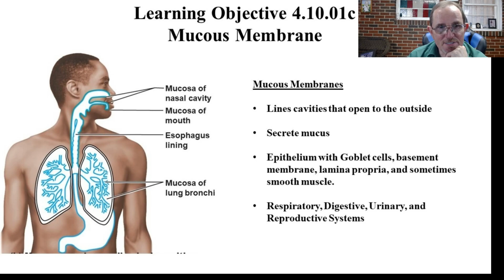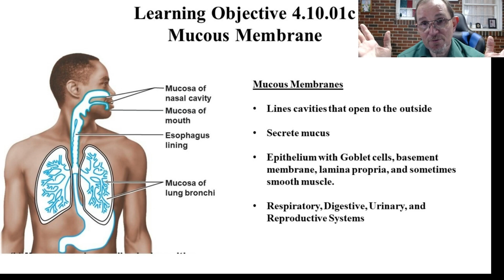Mucous membrane, again, the mucosa, you think about what you have in the nose and in the mouth, the lining of the esophagus, and in the linings of the airways of the lungs. They line cavities that open to the outside. The reason they call them mucous membranes, they've got little cells called goblet cells that make mucin, which when mucin hits water, it becomes mucus.